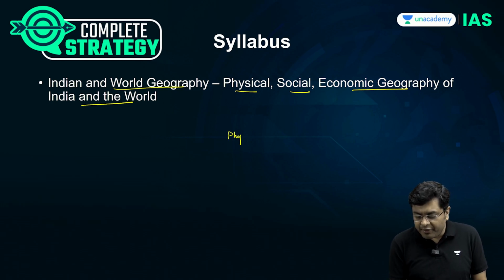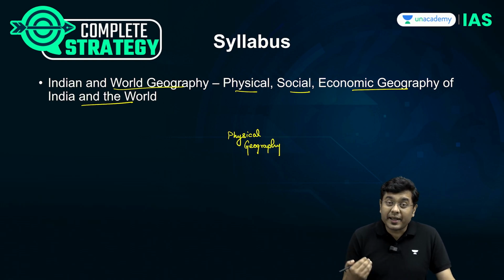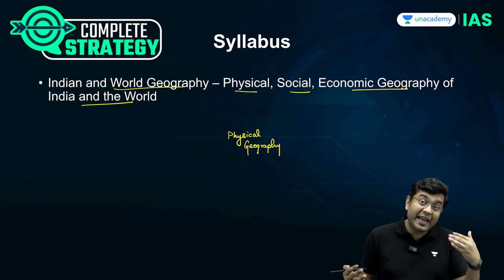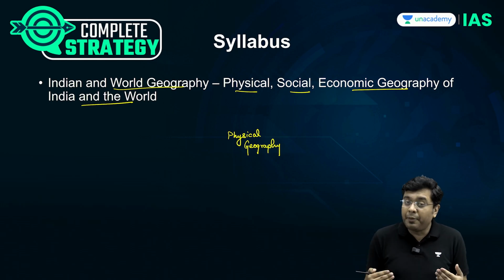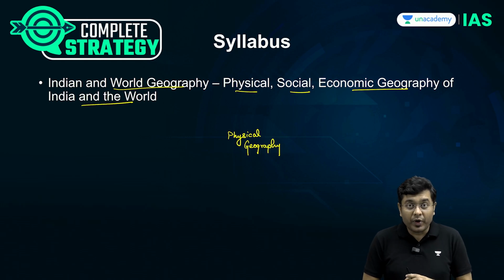One is physical geography, or geography of the world. It talks about the land areas around us, the climatic conditions around us, and the oceans across the world and their properties. With the help of physical geography, you will be able to cover the entire world.